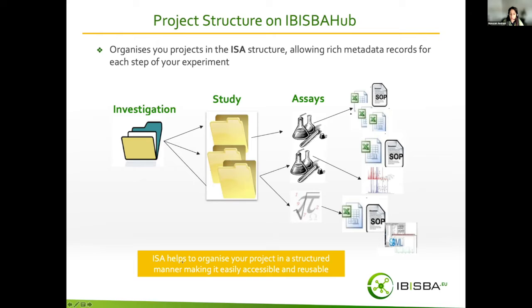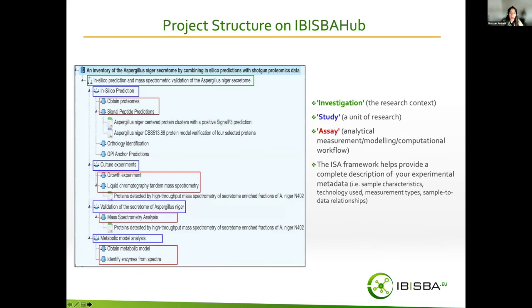Now, this ISA structure helps you to organize your project in a structured manner, making it easily accessible and reusable. Now, how does the ISA structure look on the IBISBA Hub? This is an example of a project that we have carried out, and this example is on the hub. The box highlighted in green here is your investigation, which is the title of your project. Then the blue things are the studies.